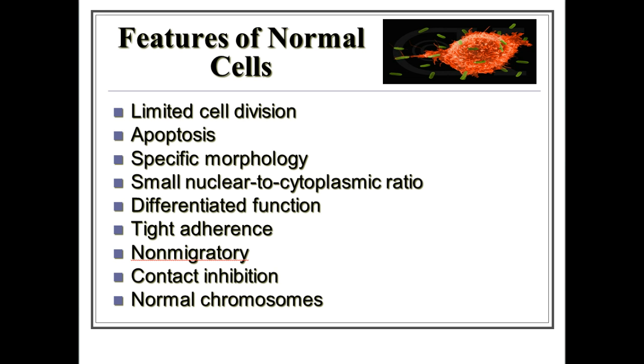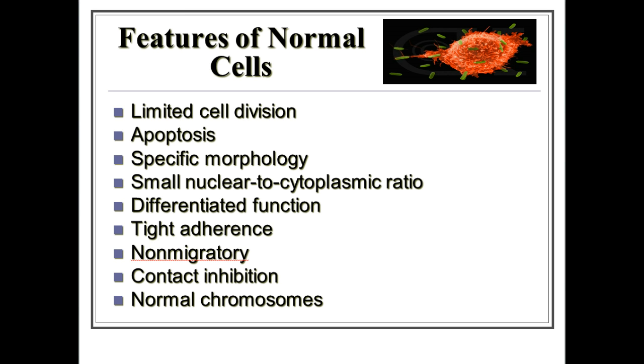Like if you look at figure 23-1, they have the little cells in there, and you can see where they got the G1, G2, S, and then all the rest of that stuff surrounding is the cytoplasm. So they have a small nuclear to cytoplasmic ratio. There's a small nucleus and a whole lot of cytoplasm. Their specific morphology, they're going to die off, which is apoptosis, and they have limited cell division.